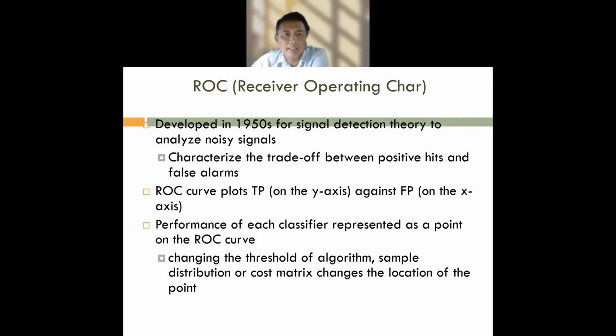Basically, it characterizes the trade-off between positive hits and false alarms. So we plot the true positive rate against the false positive rate. The performance of each classifier is represented as a point on the ROC curve, and we look at which classifier is best depending on the area under the curve.